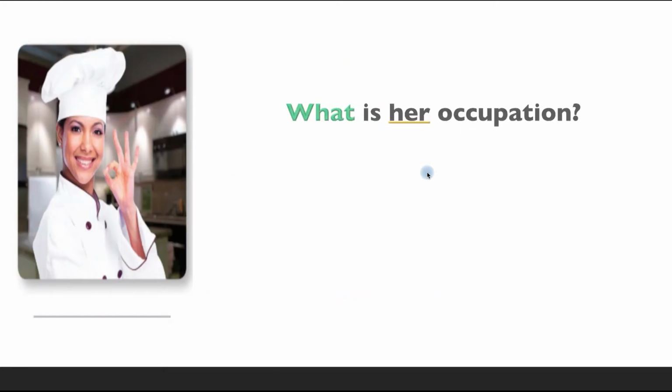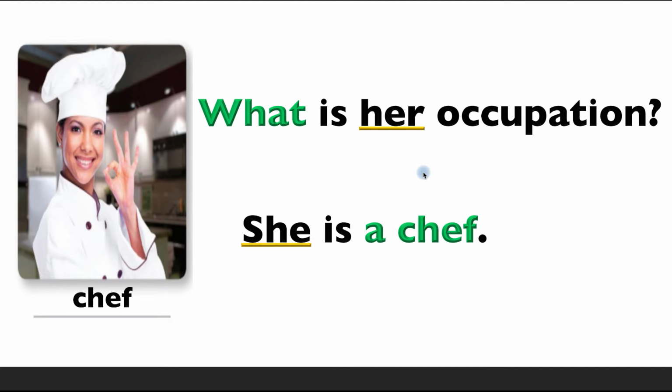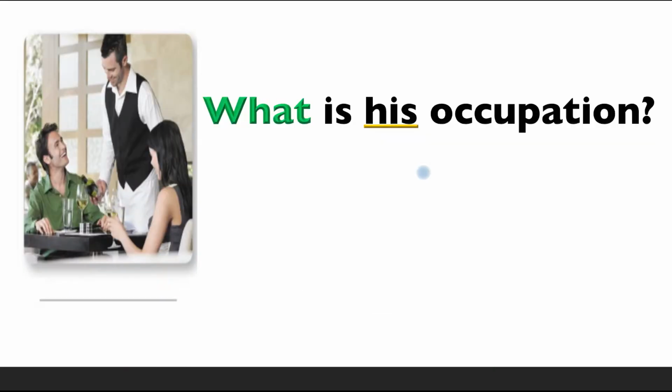And the next one is, what is her occupation, Yongi? She is a chef. Chef. We're just going to go through these fairly quickly now. What is his occupation? There are two guys. Sorry, the man standing up with the waistcoat and holding the bottle of wine.